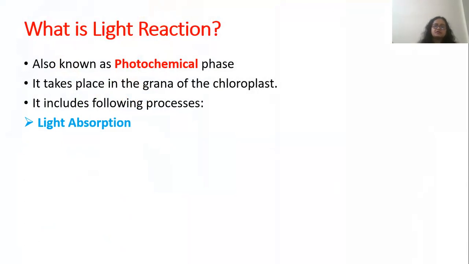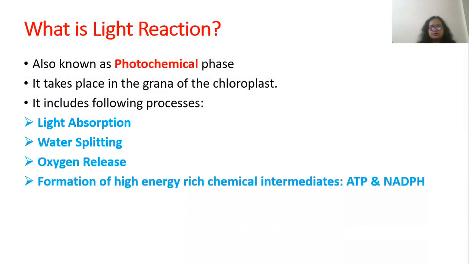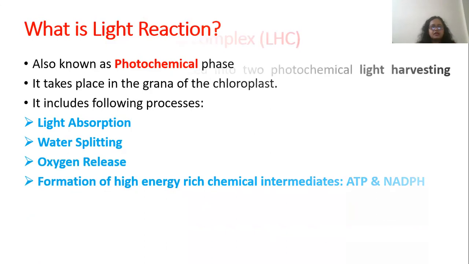As the name indicates, it is a light reaction, hence absorption of light takes place. Water splitting is another step of the light reaction. The third step is the release of oxygen. And the fourth step is the formation of high energy rich chemical intermediates such as ATP and NADPH. So we will study these steps in a particular process ahead.